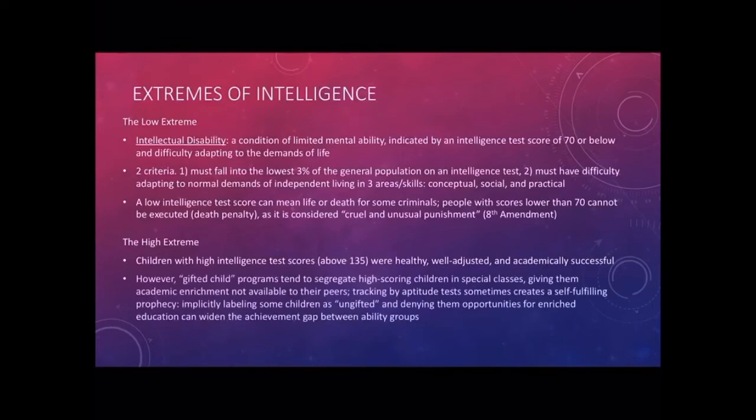However, gifted child programs tend to actually segregate high-scoring children in special classes, and it gives them academic enrichment that's not available to their peers. So when we're labeling people as ungifted versus gifted, and then we proceed to give those gifted people even more opportunities to learn, you're just further separating the gap, is what we've noticed.